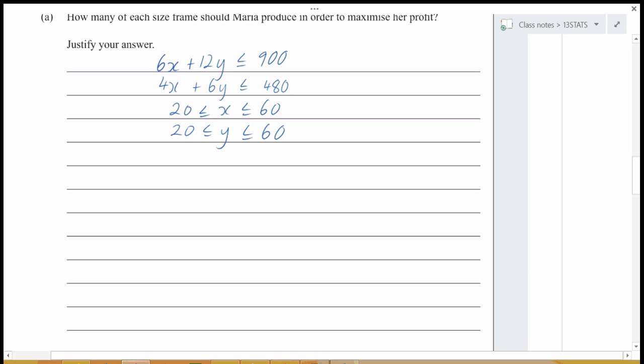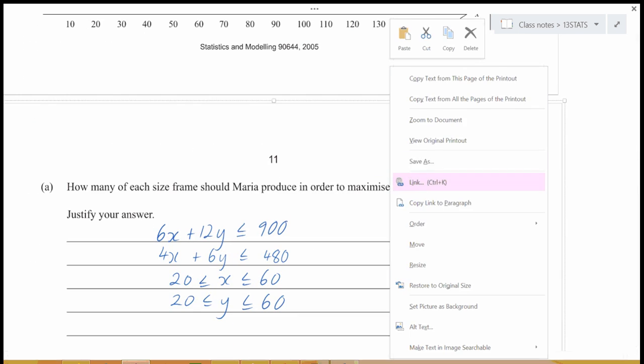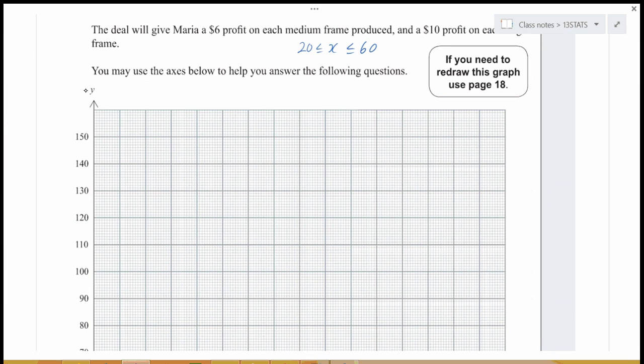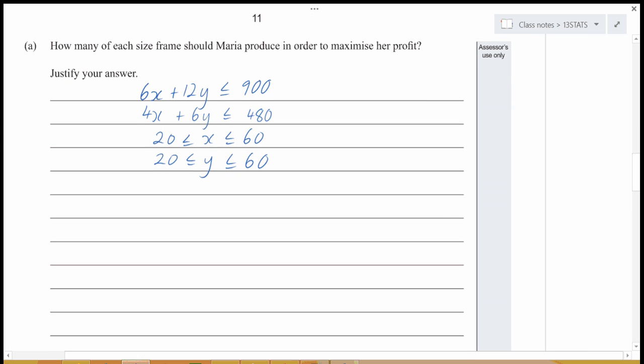Okay, now we come to plotting these on our graph up here, and just as per usual, we've got our x-axis, and up here we've got our y-axis. So we're going to be plotting it like that, and a lot of you are having trouble working out how to plot this.